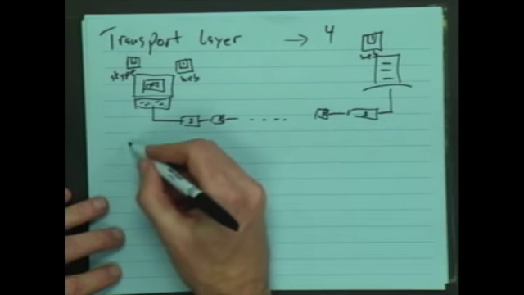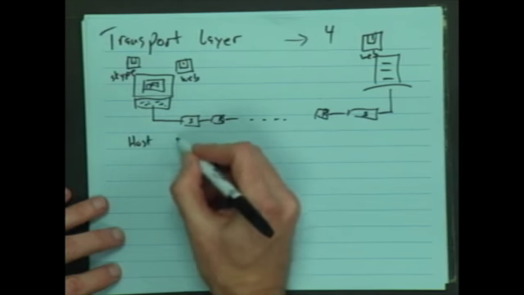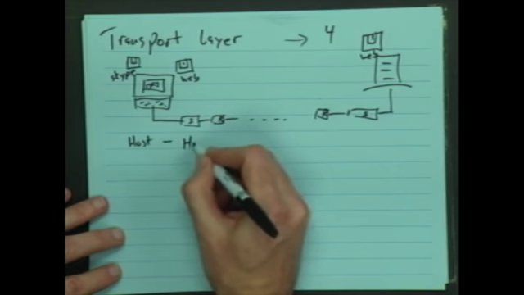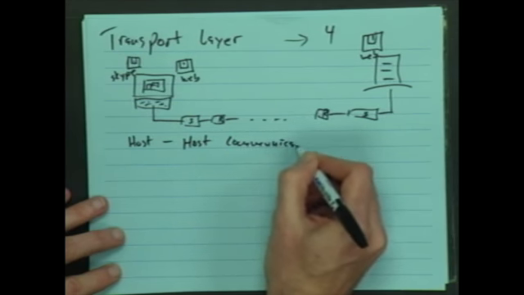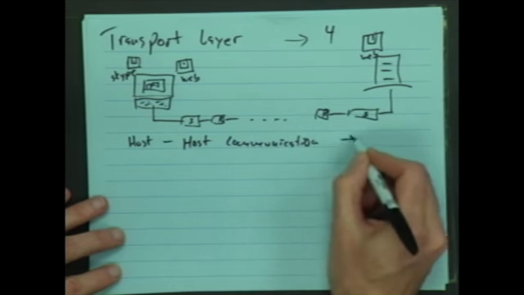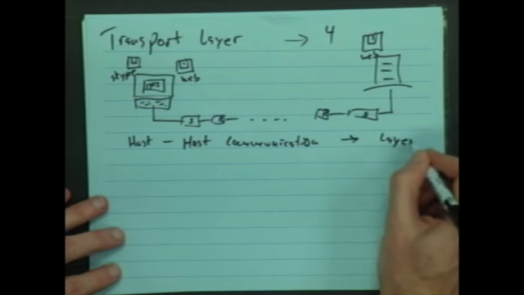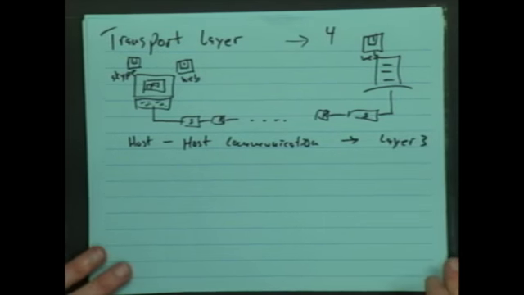Okay, so the stuff we've been through is to get from one host to another, all I need to get to is layer 3. So layer 3 handles all of that stuff. All right?